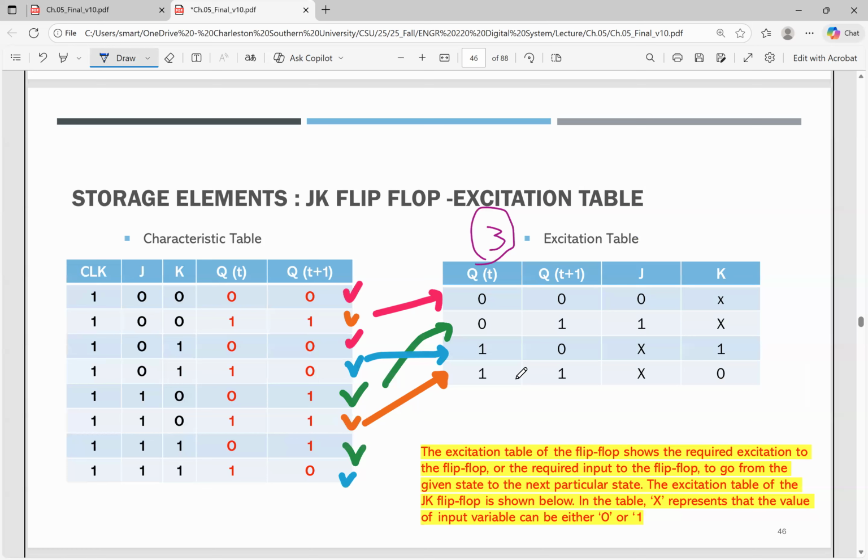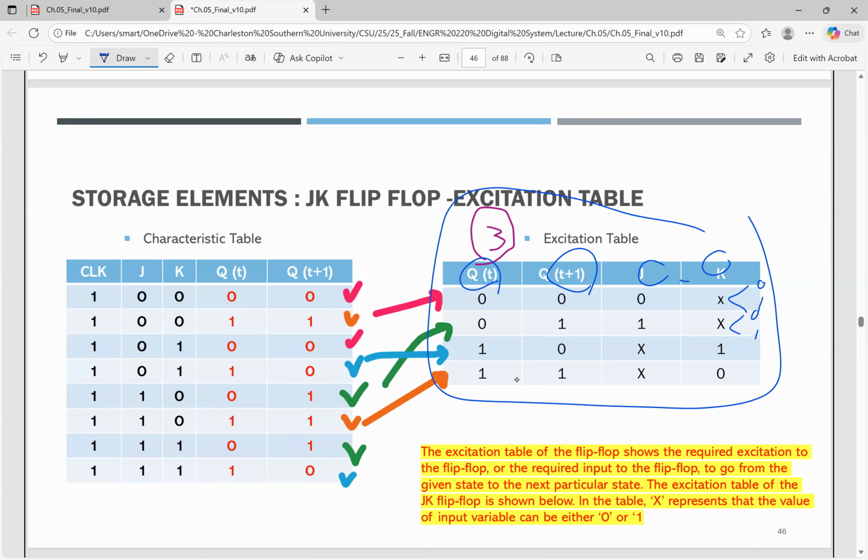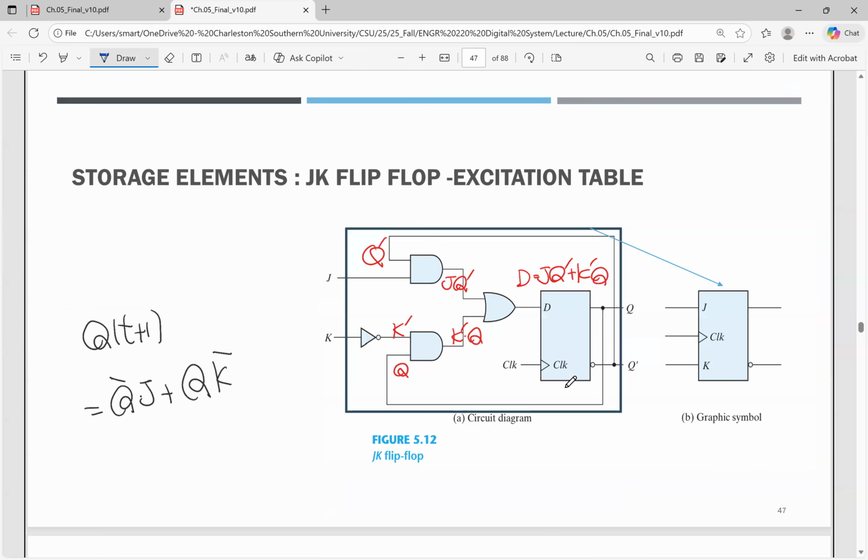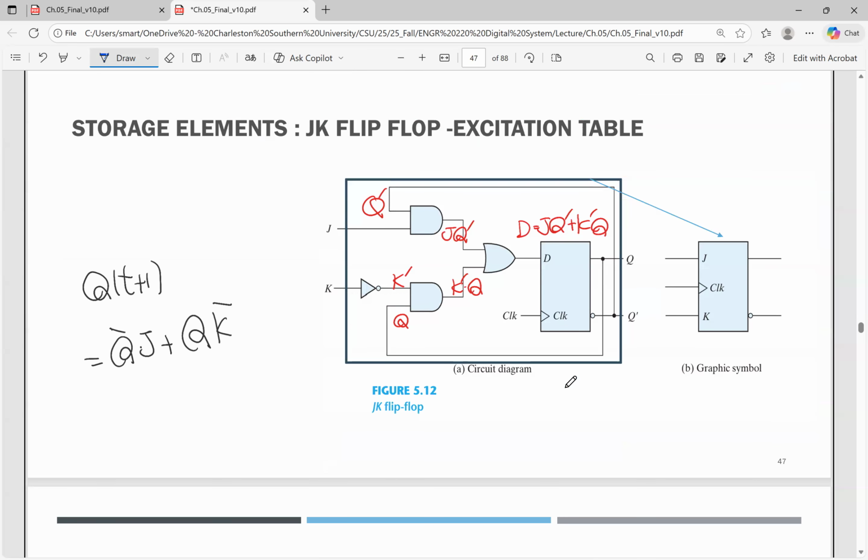So in here, we're going to just reduce to the state table for the excitation table, okay? Just only Q of T and Q of T plus one, and JK can be 0 or 1. Okay. So we can reduce. We have practiced a lot of times. All right, so you can try. But that is very important. You have to understand.